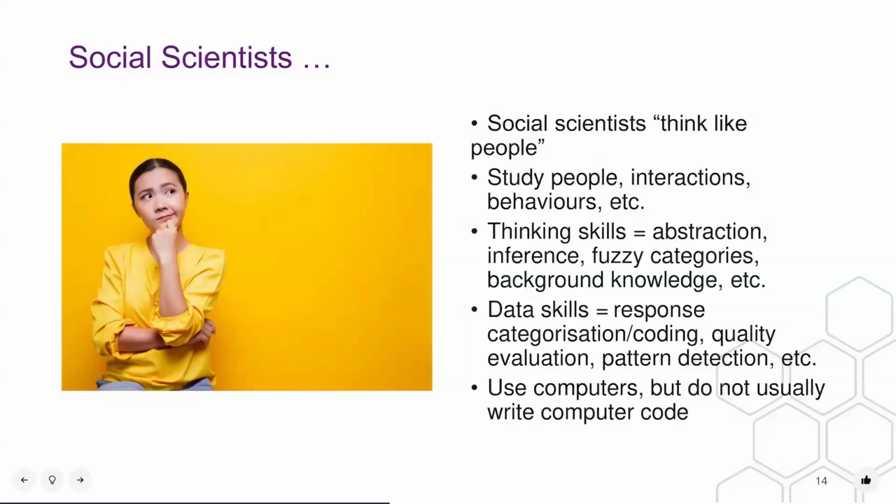But whilst you do use computers, this often might not involve writing computer code. Instead, it may involve those computer programs such as SPSS or Stata, but there will be a lack of familiarity maybe with code. Although some of you might be writing syntax on SPSS, I know that is apparently a thing. But not traditional coding.